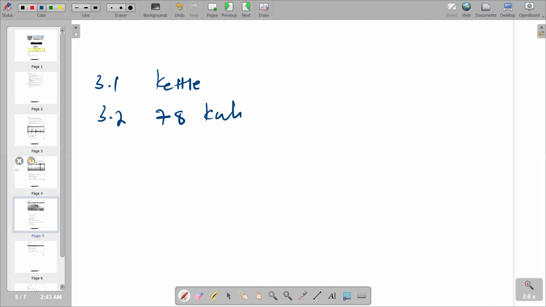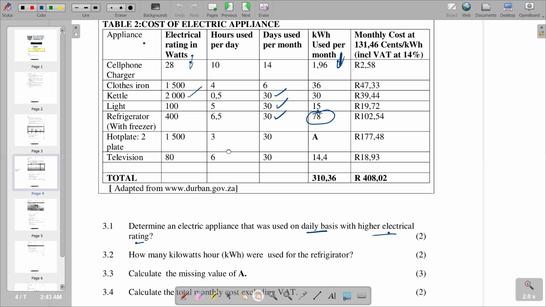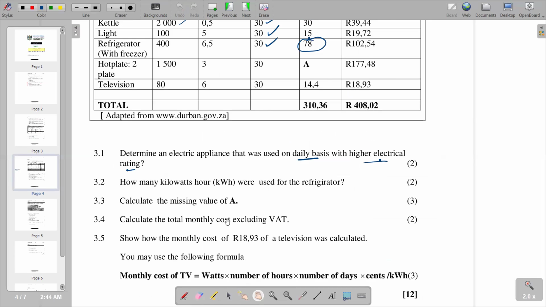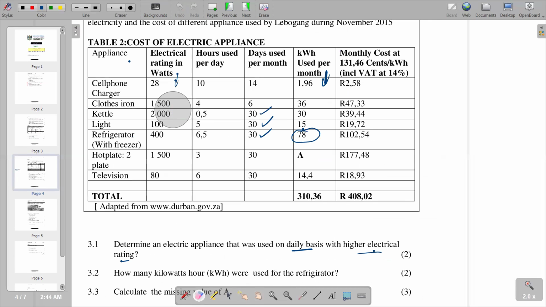Move on to the next part of our question, which is now 3.3. Calculate the missing value A. In terms of our missing value A, which we have here, if we add everything in this column, we are going to get a total of 310.36.